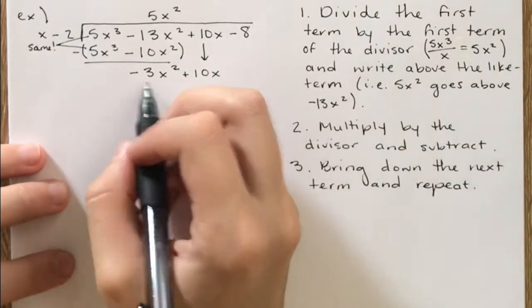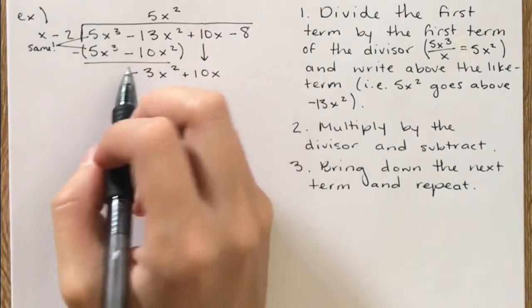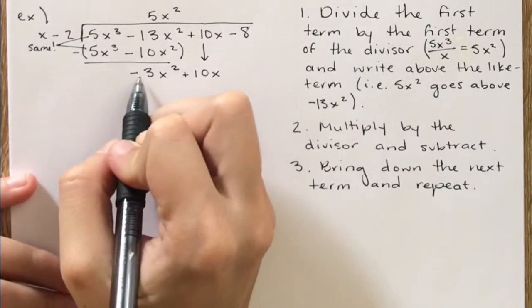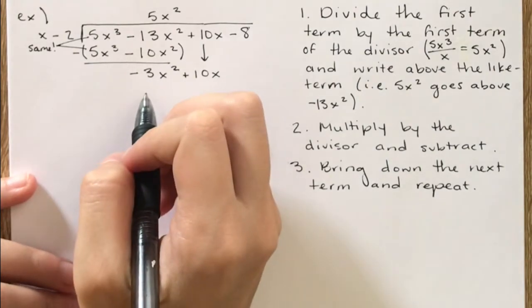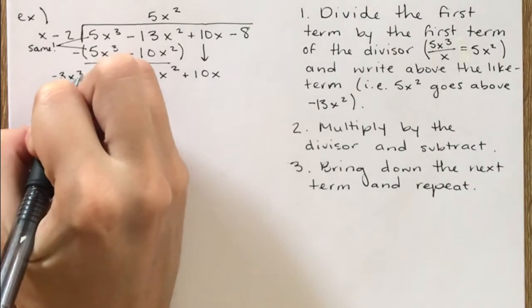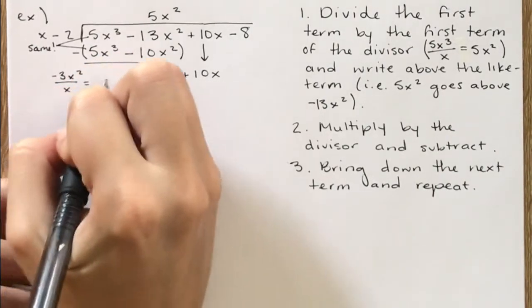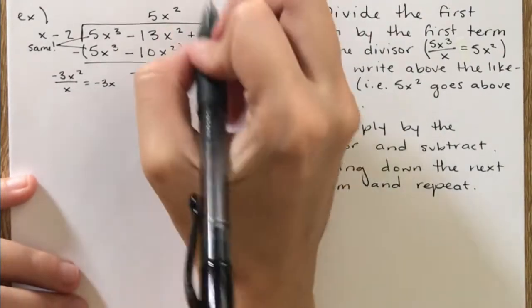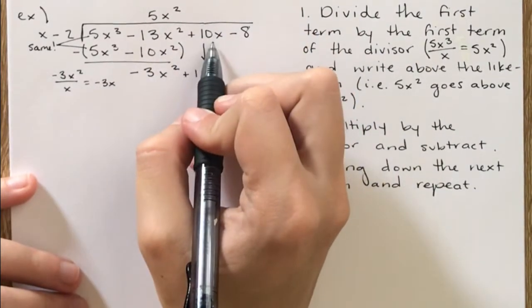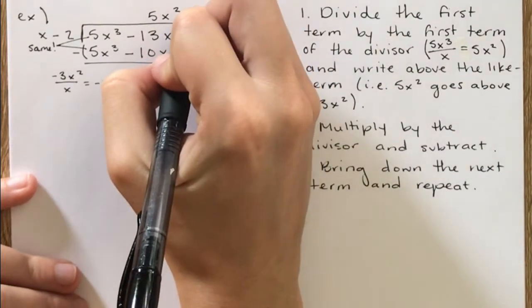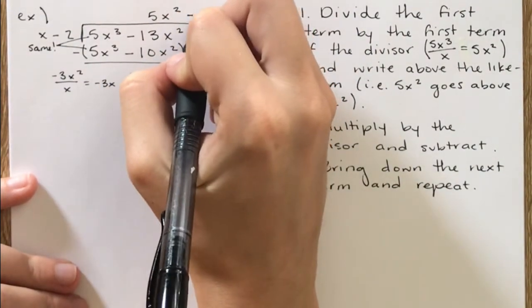So let's continue here. Our first step from before was to divide the first term by the first term. So let's divide this first term, now negative 3x squared, by x. So negative 3x squared divided by x leaves me with negative 3x. So negative 3x is going to come, and we want to put it above 10x because that's the like term. We want them to be lined up.